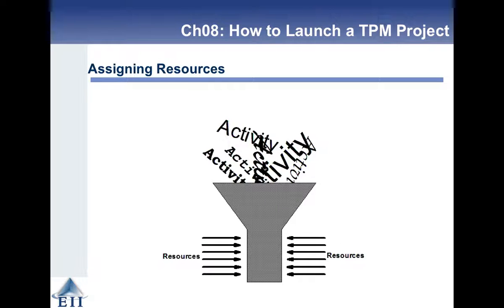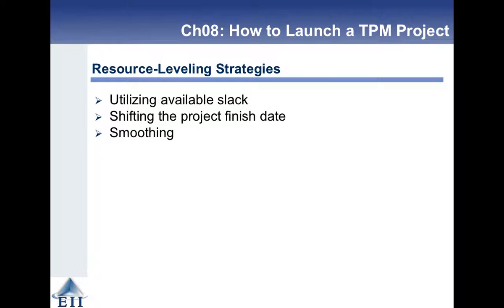Assigning resources, right? So you want to be able to make sure nobody's overworked. You want to make sure everything gets done on time, and that may mean you need to decompose things, right?